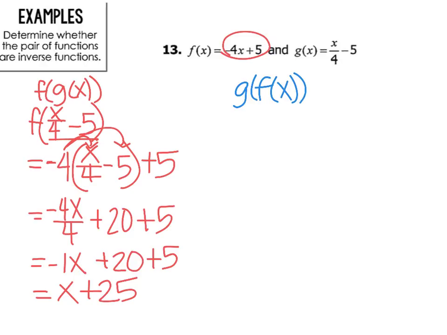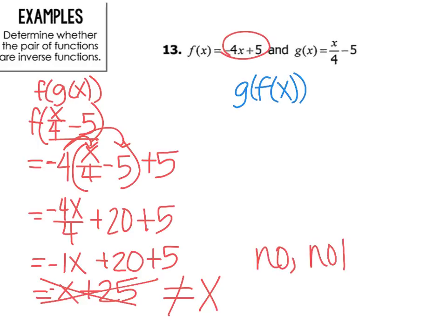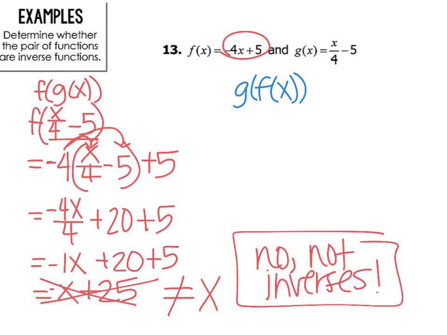Now, this does not, or it should be negative x plus 25. This does not equal x. So we know that our composition of f of g of x does not equal x. So we can automatically tell that no, these are not inverses. You don't even need to do the composition of g of f of x, because right off the bat, we know that f of g of x doesn't work, so they are not inverses.